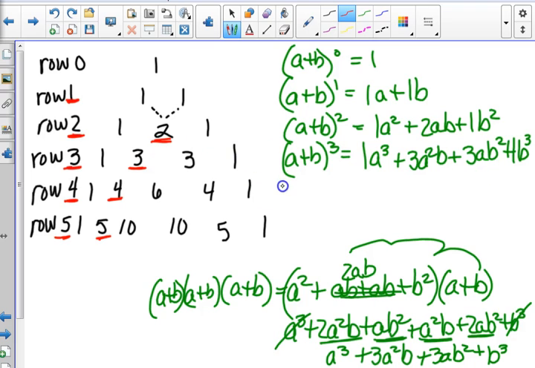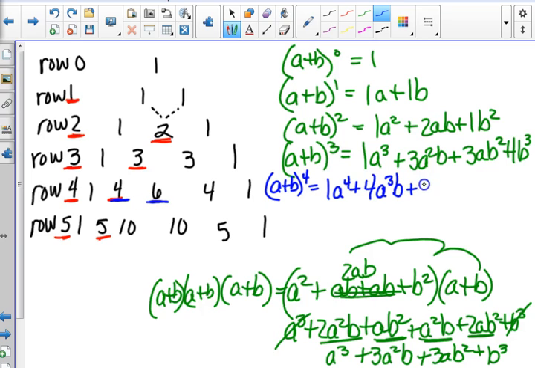So, if we had a plus b to the fourth, you would wind up with 1a to the fourth plus, the a's go down and the b's go up. So this 4 right here would be 4a cubed with 1b.